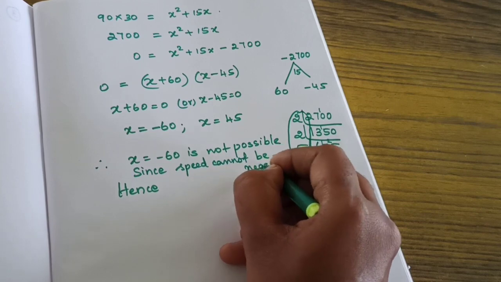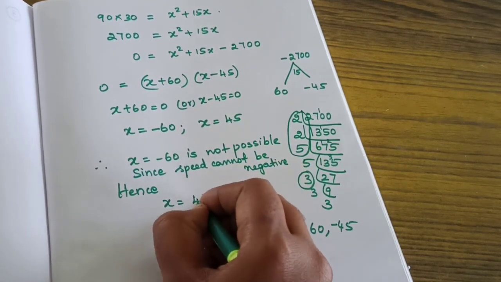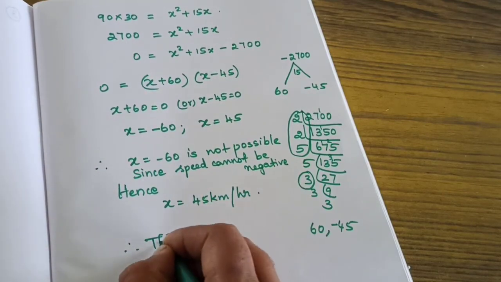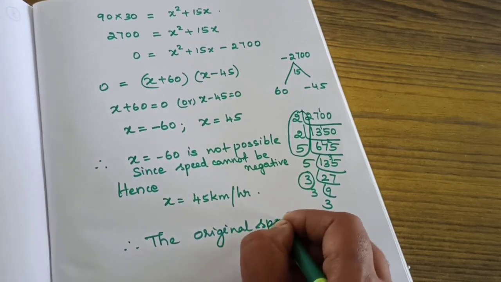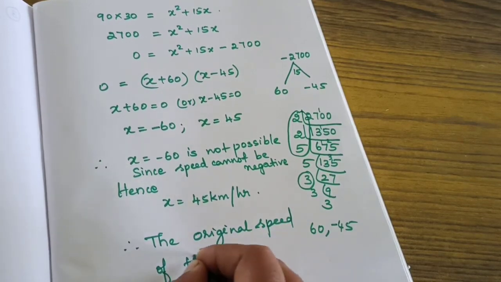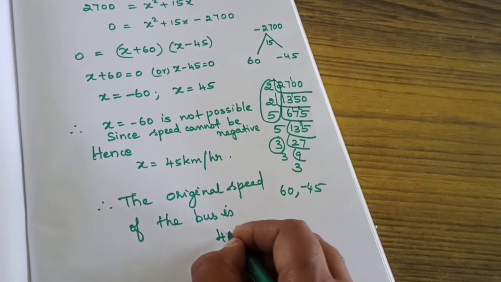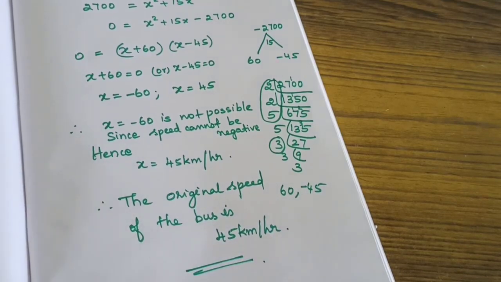So hence x equal to 45 kilometer per hour. Therefore, the original speed of the bus is 45 kilometer per hour. Got the concept?